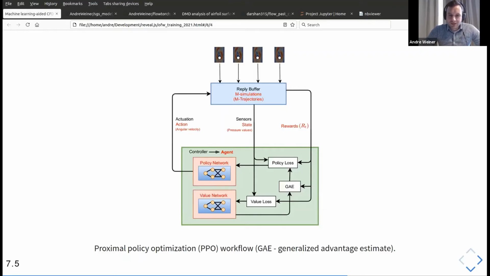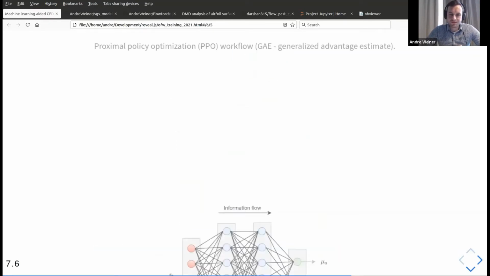The way the control works is that in each simulation, we have a boundary condition that samples pressure values from the surface of the cylinder. Then these pressure values are fed into a policy network that predicts the angular motion for the next time step. This is how it works in a nutshell.